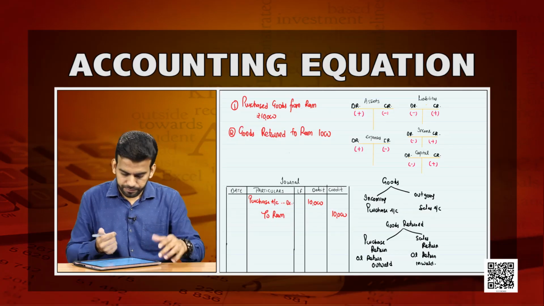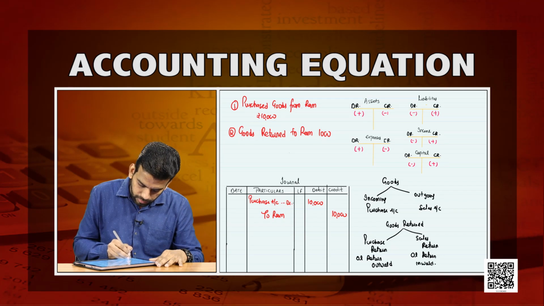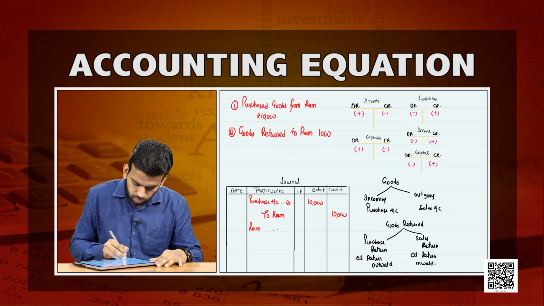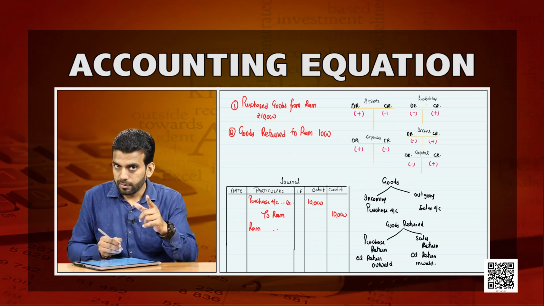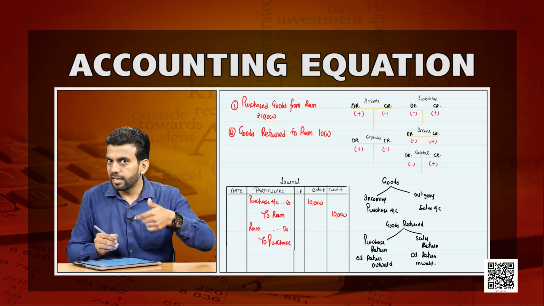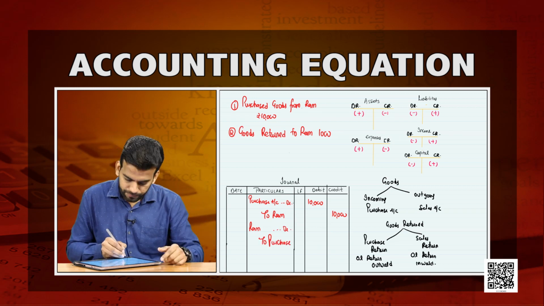Now, I want you to flip this entry. Purchase account was debited, Ram was credited. Now, Ram would be debited and purchase, let's see. Ram debited to purchase return. We learnt purchase account and then purchase return, right?